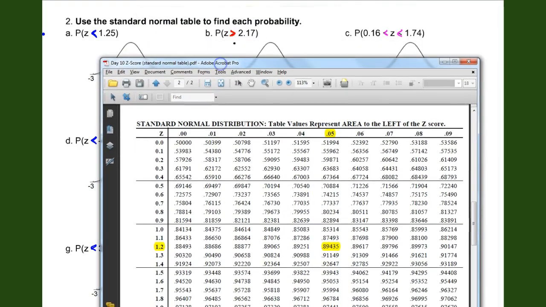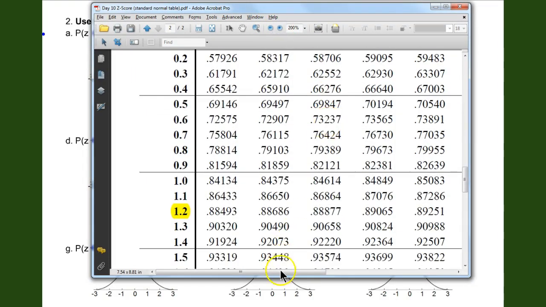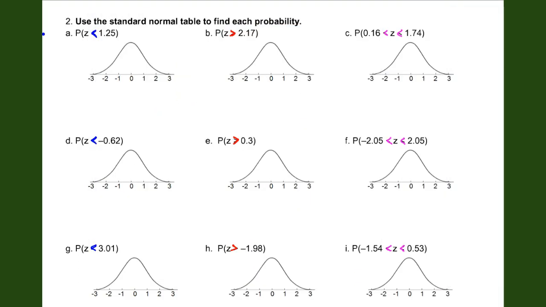But when we have the greater than, we'll have to do a little bit more work because this only gives our answers to the left. So at least for the first one here, we have 0.89435, which, if you want to interpret this as an approximation, is about 89.4% of the curve here.